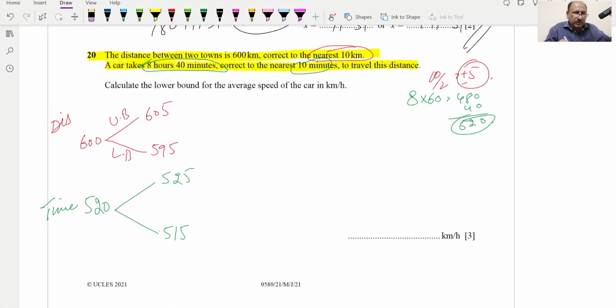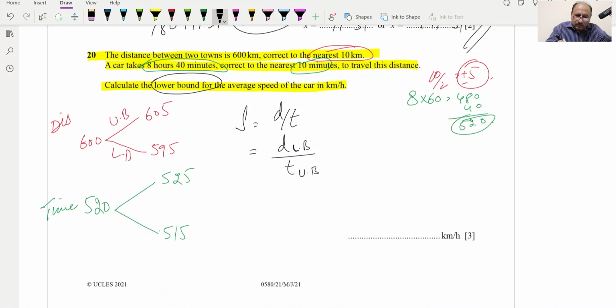Now what we can do, calculate the lower bound for the average speed of the car in kilometers per hour. So we know speed is equal to distance over time. We need the lower bound of speed, so it will be the lower bound of d divided by the upper bound of t, because we want the minimum answer.